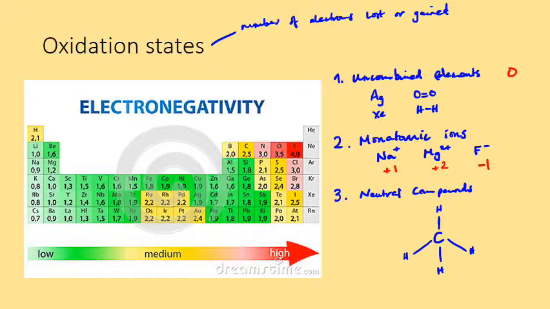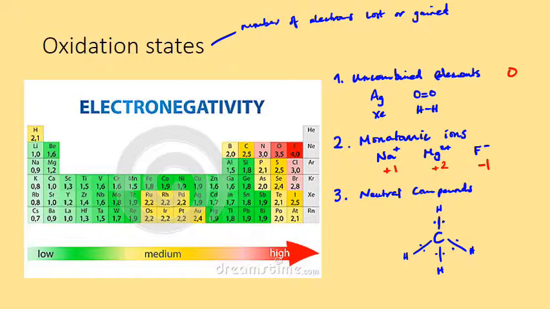Because which one out of carbon and hydrogen is going to be the electron acceptor, and which one is going to be the electron donor? That's the question. Because what we've got here is 4 covalent bonds where carbon is sharing its electron with one of the hydrogens in each case. But for the sake of oxidation states and oxidation numbers, we're going to assume that these bonds are actually ionic, so that we can give some oxidation numbers to both carbon and hydrogen.